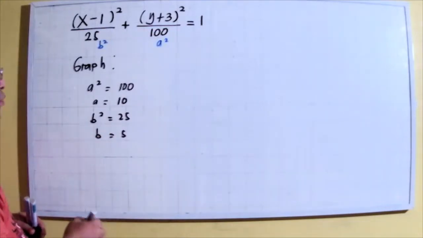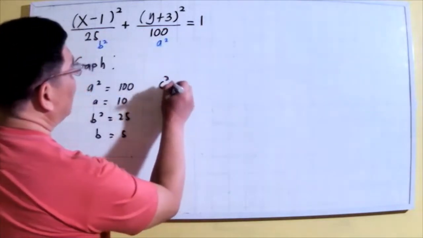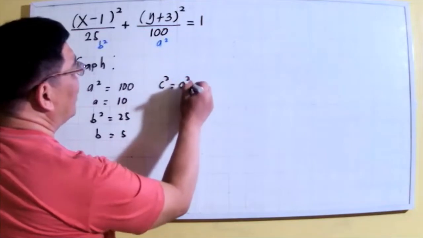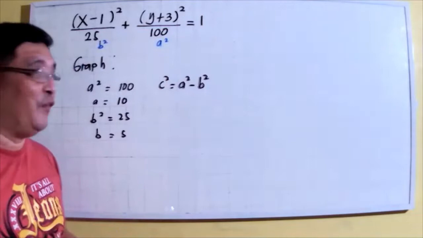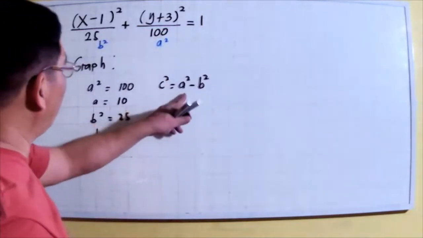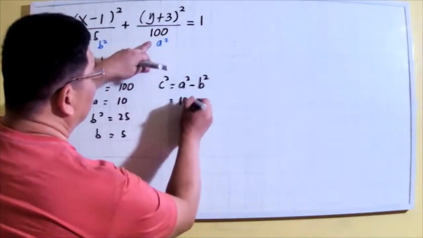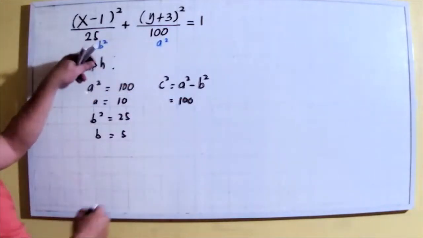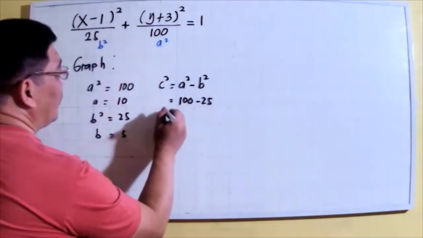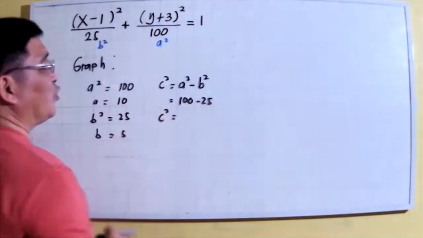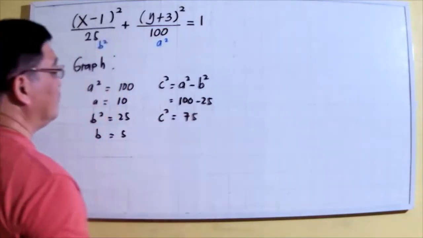And to find c, we know that c² is equal to a² minus b², using the Pythagorean theorem formula. And a² given here is 100. b² is equal to 25. Now we have c² equals 100 minus 25, which is equal to 75.